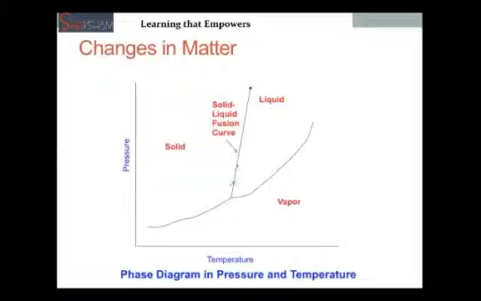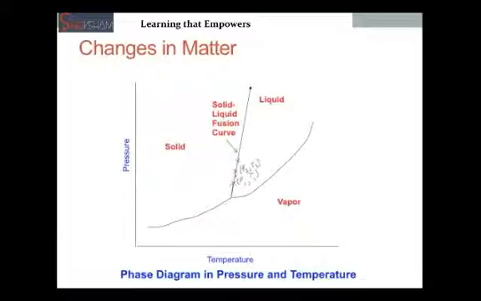So these points on a pressure-temperature diagram, P1, T1, P2, T2, and so on, are the only points where solid ice will convert into water. There is no other point in a pressure-temperature representation where solid ice will convert into liquid water.